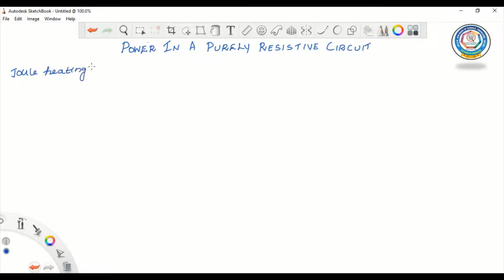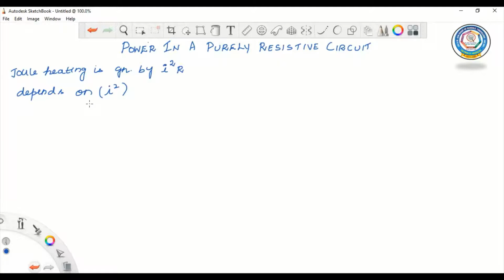This Joule heating is given by I square R. So here it depends on I square, not simply I. Whether this I is positive or negative, this will always be positive only.